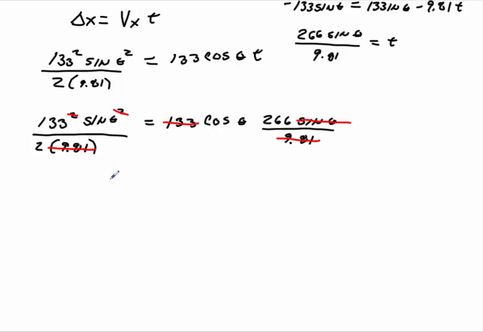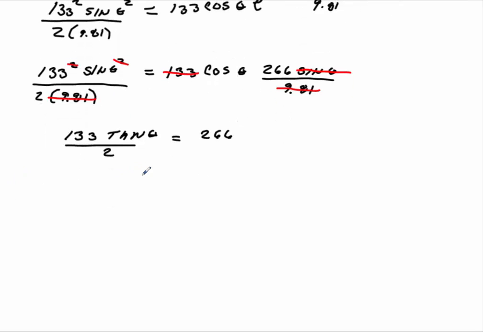I'm going to divide both sides by cosine. I'll do this in steps so I don't lose anybody. Divide by cosine, that gives me the tangent of theta over 2 is equal to 266 here. Move everything to the other side.